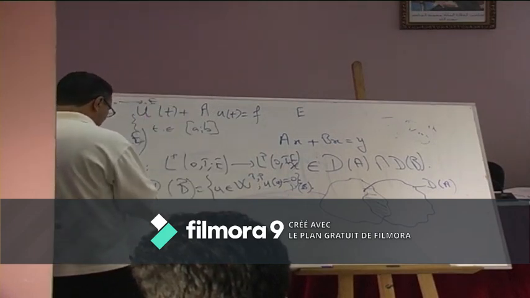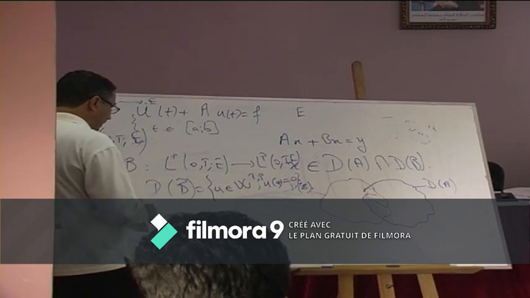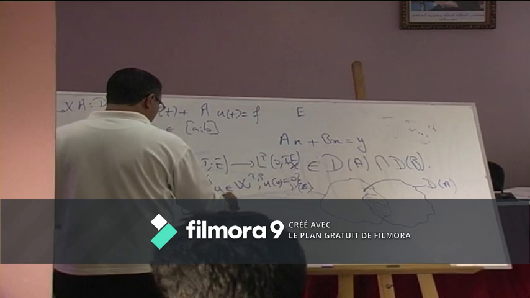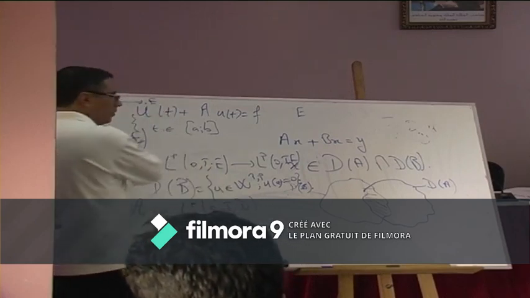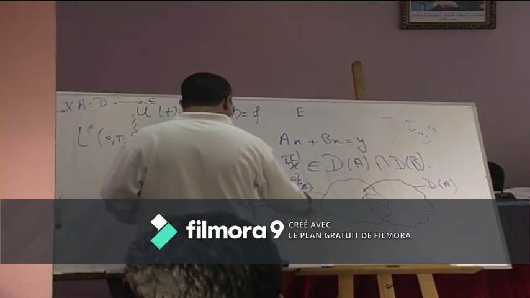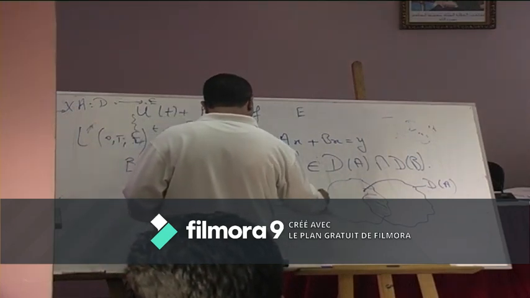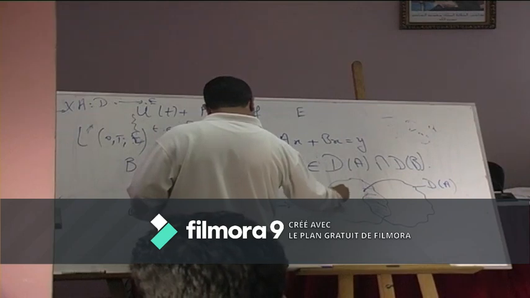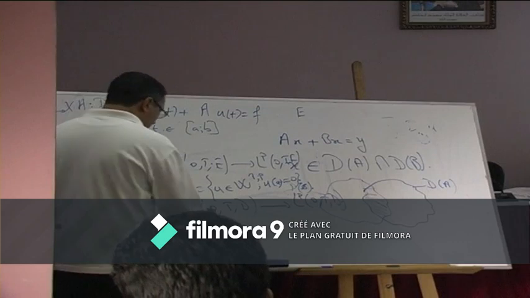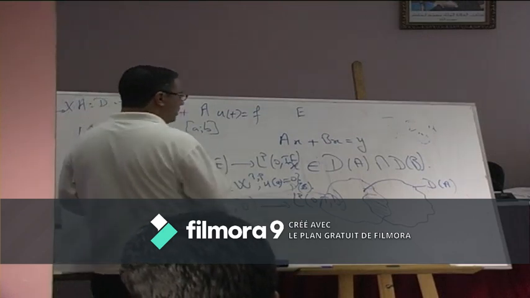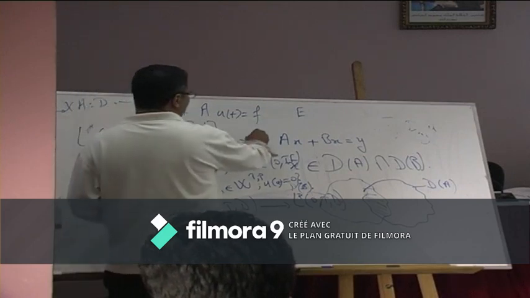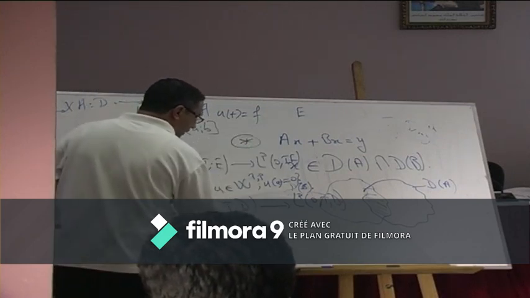And I define A, capital A, from L^p(0,T; D), where D is the domain of the operator, to L^p(0,T; D) with the full domain here. The domain is L^p(0,T; D). This equation, the star equation, is equivalent to what?